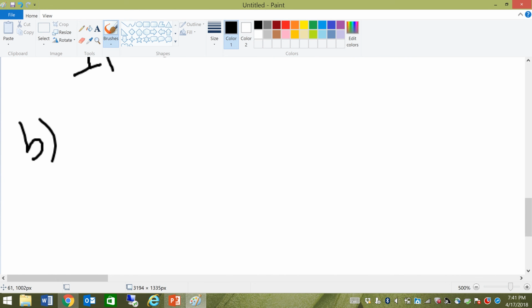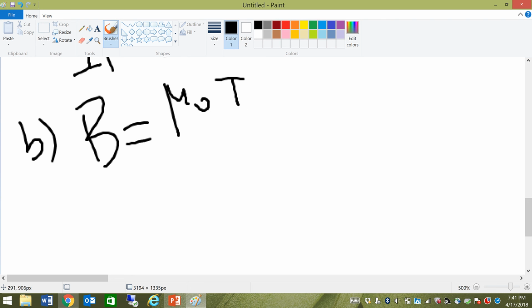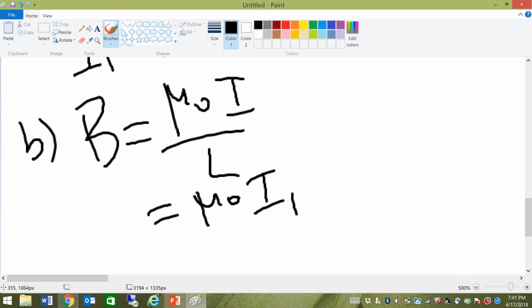Okay, part B. So part B is, if I1 is equal to 3I3, how should D and d compare if wire 2 is to experience a net magnetic force of 0? So this is a lot easier. Now we have a much easier problem here, and all we need to do is once again use this thing from Ampere's law, and we don't know what I1 should be in terms of I3 or vice versa, or excuse me, the other way around.